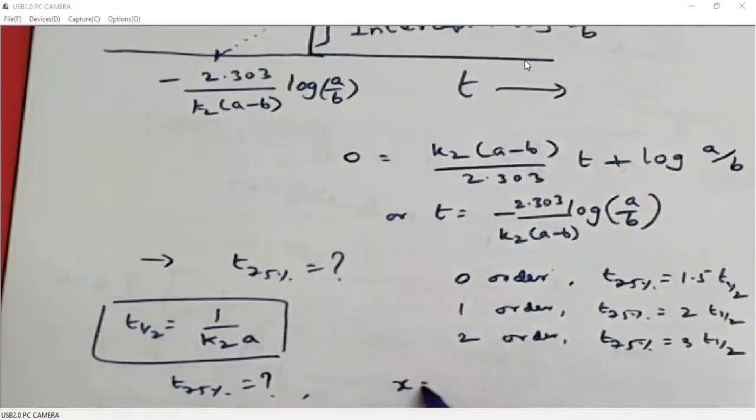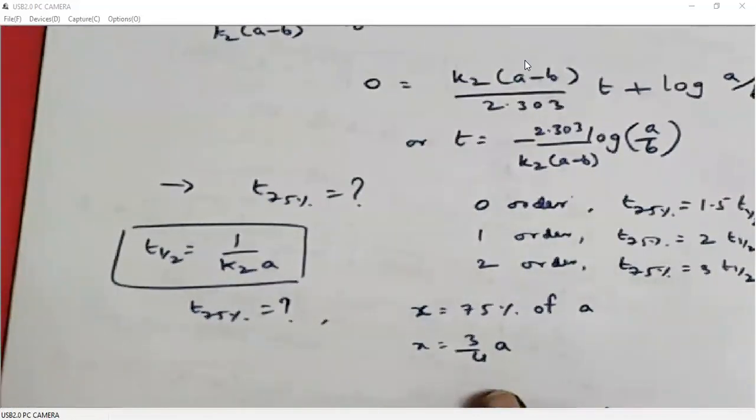That means X is now 75% of A. Therefore, X is equal to 3 by 4 of A. Now we will substitute this 3 by 4 of A in the integrated rate expression for a second order reaction. What is the integrated rate expression for a second order reaction?